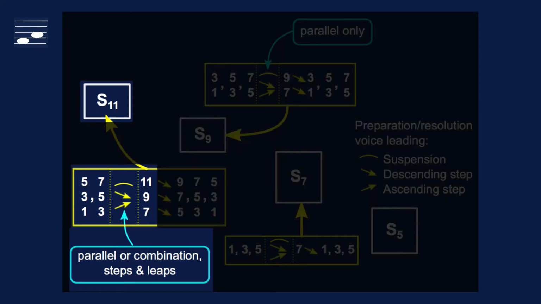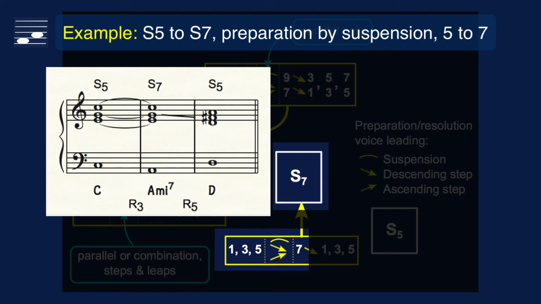On the other hand, for S11, we may see parallel motion, but also combinations of approaches, such as a combination of suspensions, steps and even leaps, as I've demonstrated in extenso in the separate video on the S11. Let's listen to one example, the suspension 5 to 7, as we move from the C major triad into the A minor 7 chord.